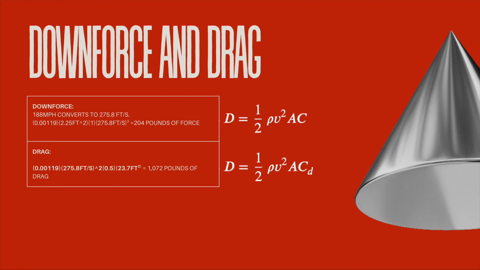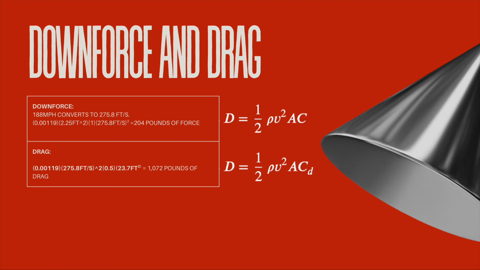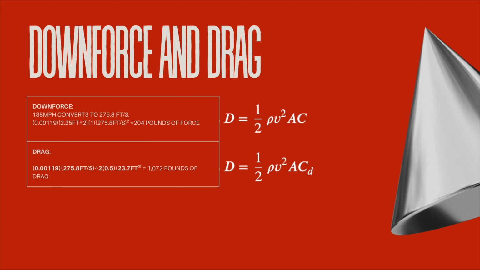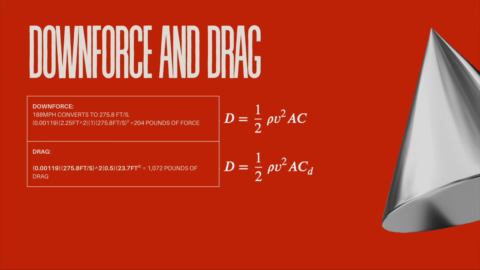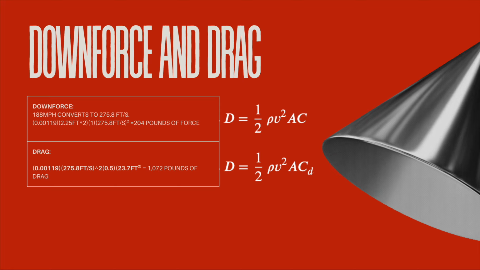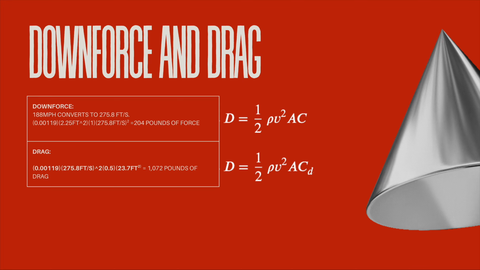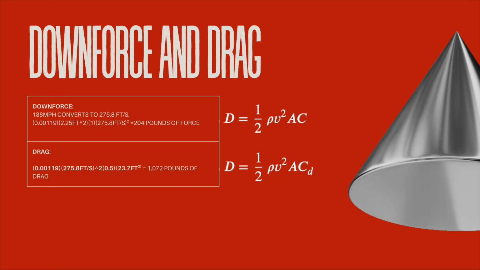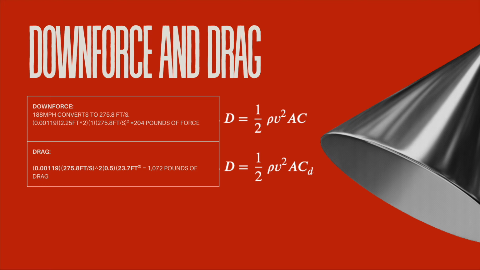This formula calculates the resistance air puts on the car, which is a crucial factor in NASCAR for managing speed, fuel, and drafting, with engineers constantly tweaking the car's shape, which is CD, and size, which is A, to find the optimal balance between drag and downforce.